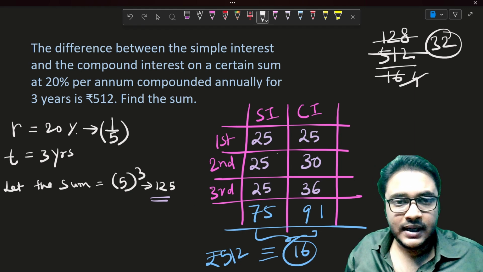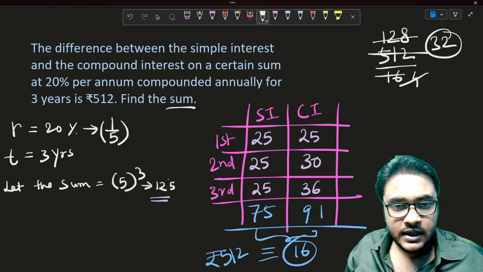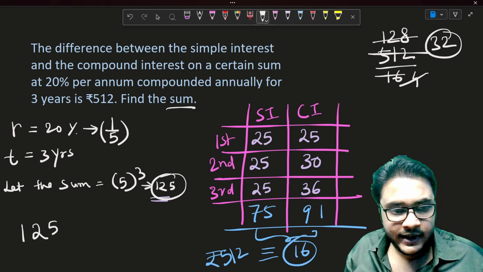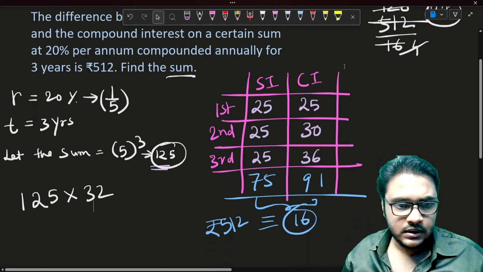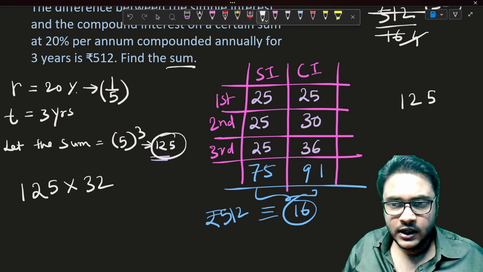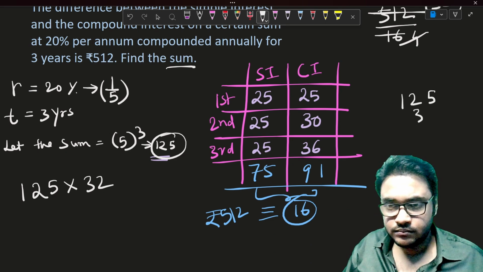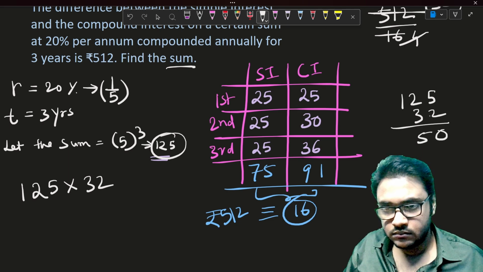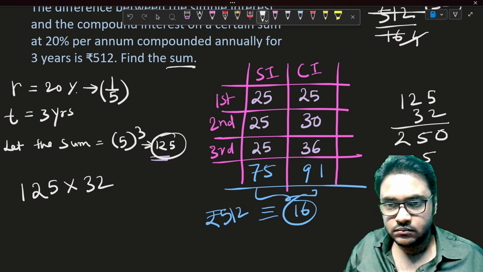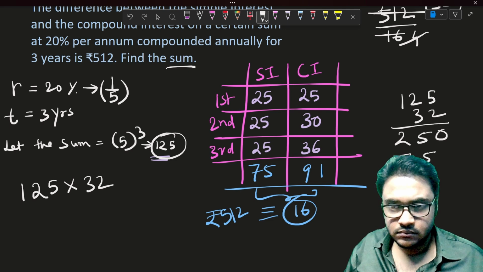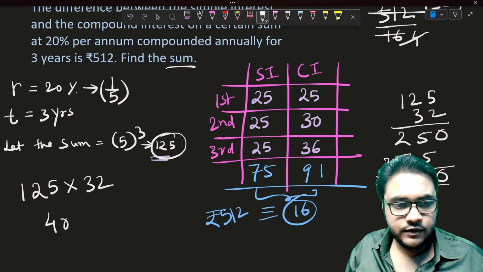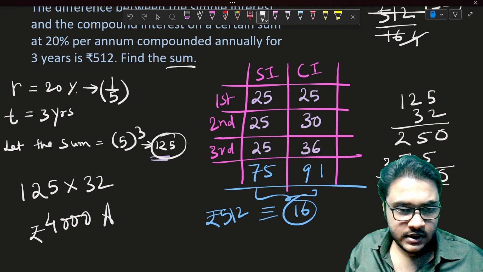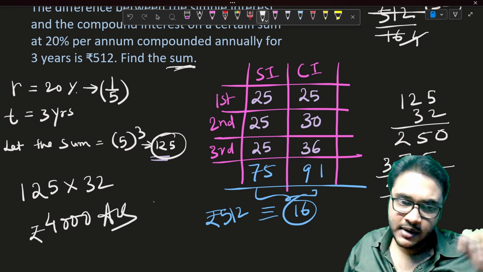That means that the sum that I have assumed, 125, has to be multiplied by 32. So 125 into 32 is 4,000 rupees as the sum, and that is my answer.